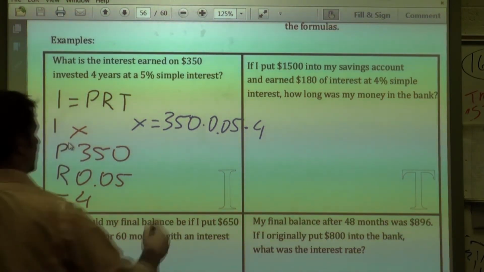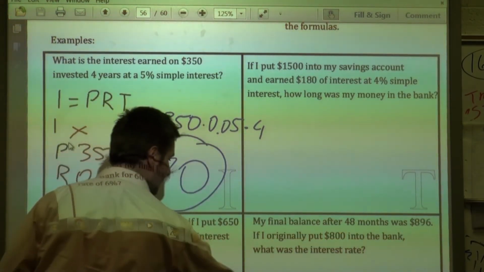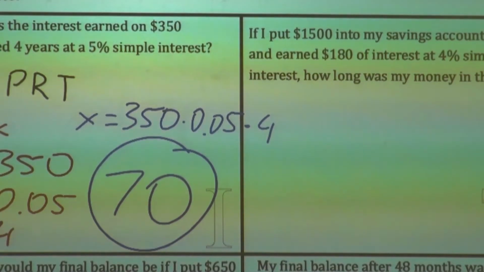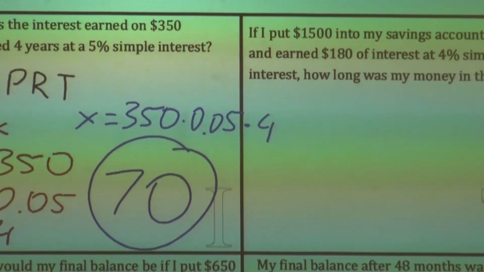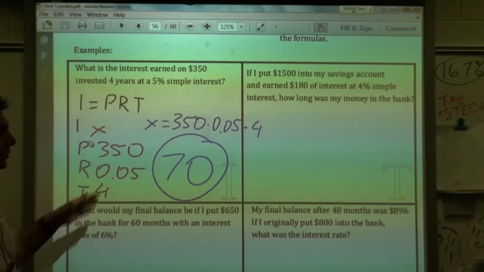And our interest will equal 70. That is the amount of interest that you will earn given your rate at 5% and a 4 year period. Now, ladies and gentlemen, let's go to the next one.